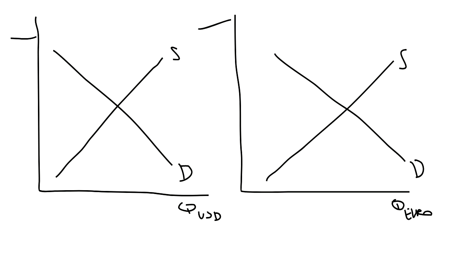The currency is on the bottom of your quantity. So this is the quantity of US dollars, so it's a US dollar graph, goes on the bottom of your equation. Okay, so then on this one, I would have euros over US dollars. And then on this guy, I would have US dollars over euros.